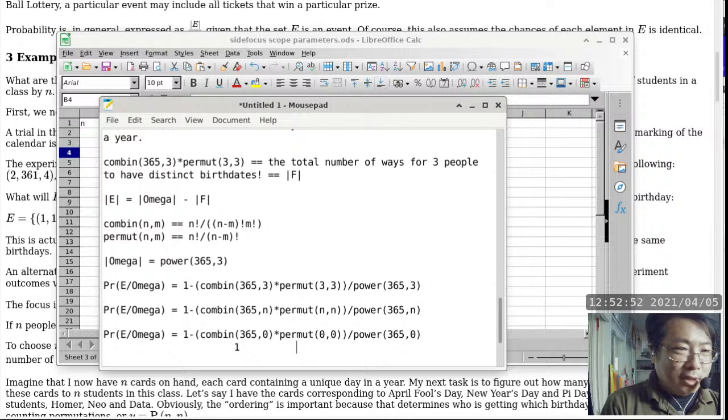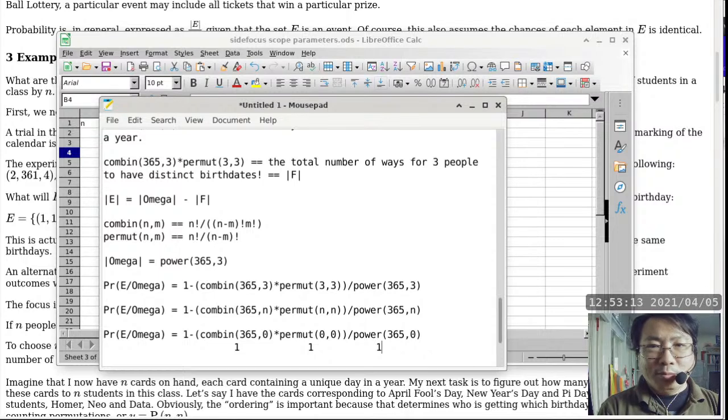Exactly, it's 1. So this is also 1. And what about this? What is 365 to the power of 0? That is also 1. Are we kidding? So we have 1 times 1 divided by 1, which is really just 1.